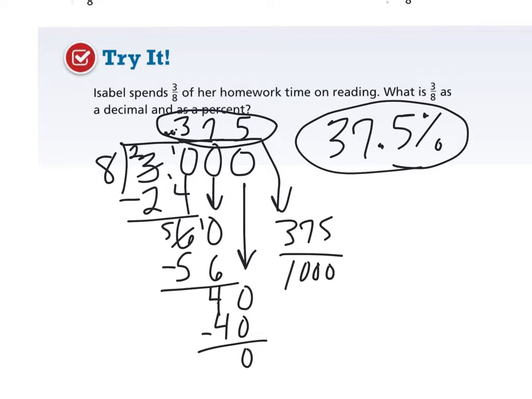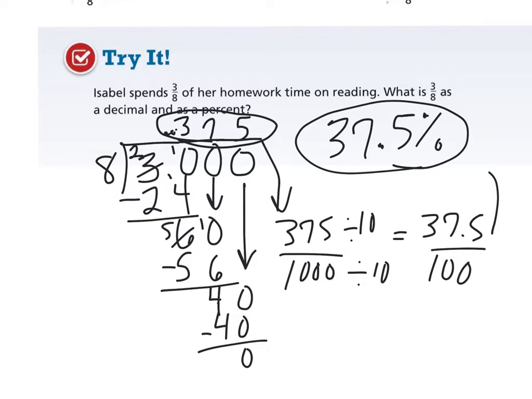But 375 thousandths, like we did on the last example in your book, if you divide those both by 10, that would be 37.5 over 100, which means 37.5%. And the next slide here we'll talk about what change happens there when we do this, that you don't have to necessarily go through the process of all of this every single time.